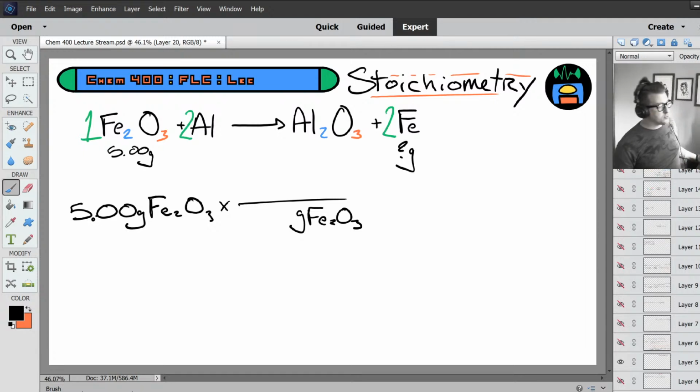You only have to worry about phase symbols when they're given to you. So in this problem, I didn't tell you what phase each molecule or element had. And so because I didn't tell you, you have no way of knowing. So if you're not given phase symbols, don't worry about it. If you are given phase symbols, then you always want to include them as part of your answer. But because I wanted the focus to be on the stoichiometry, I left them out for this problem.